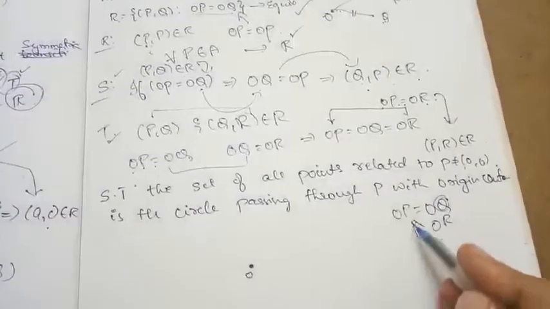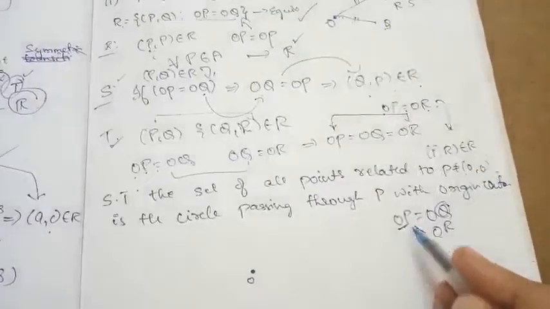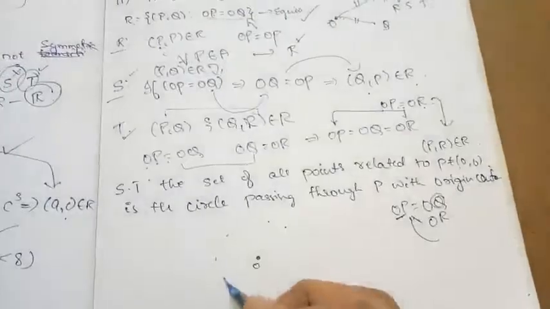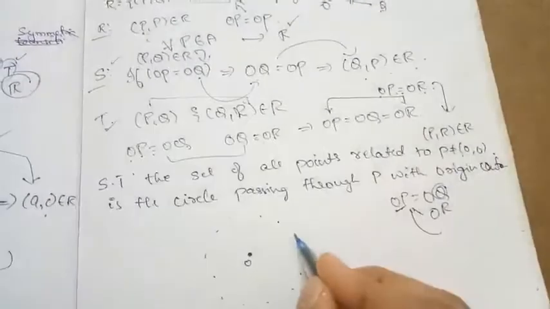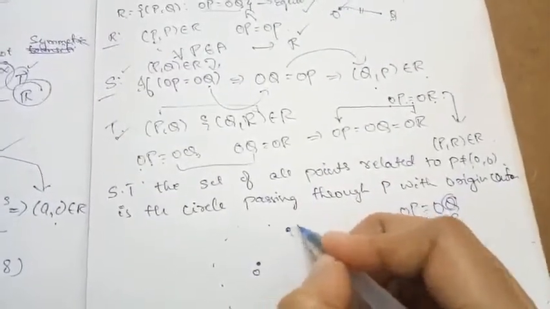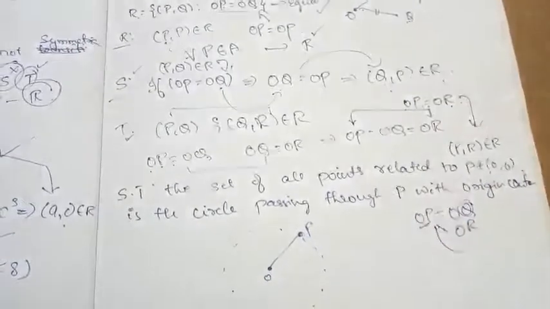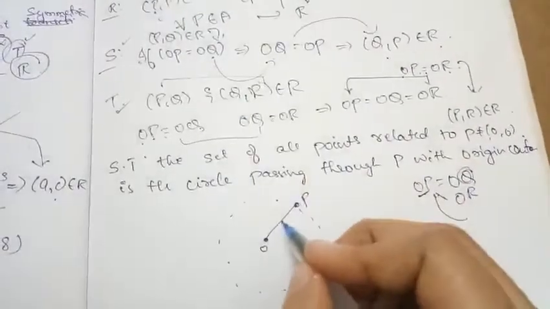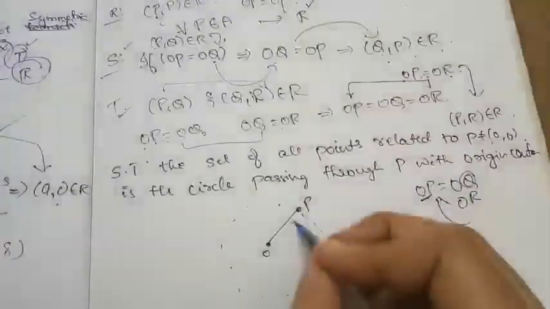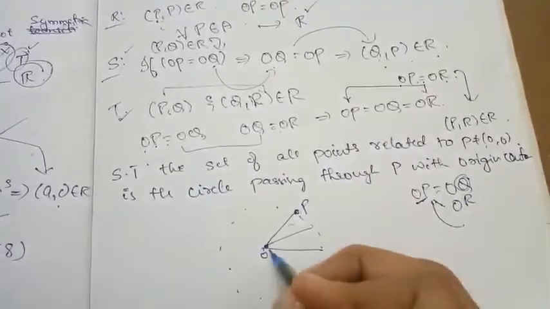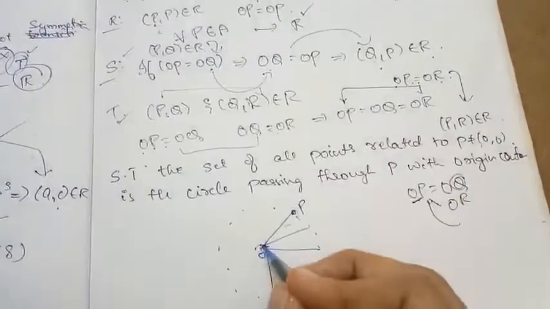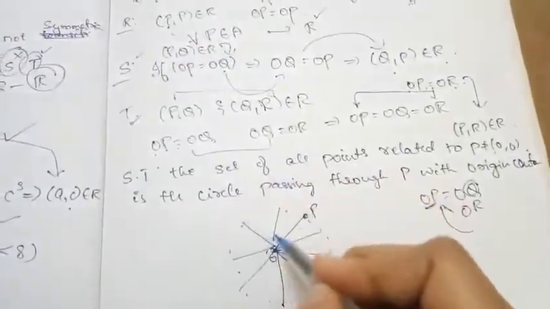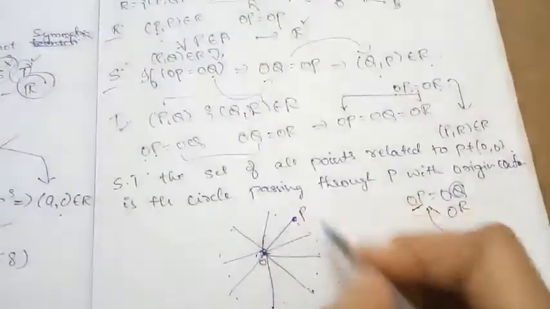If I take any point, this distance must be equal for all those points. Suppose I call this point P and this distance is OP, now I need to collect all those points such that the distance is equal to OP. So all those points will become these points. If I take P1, P2, P3, P4, the set of all these points becomes our set of all points.